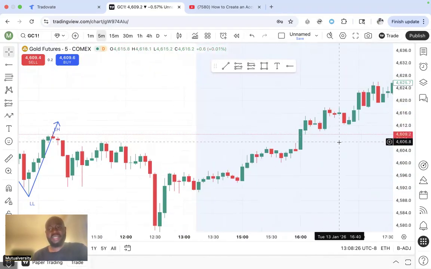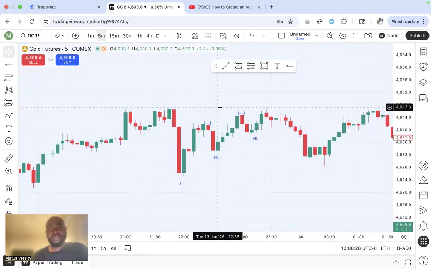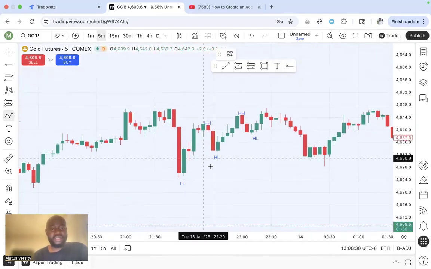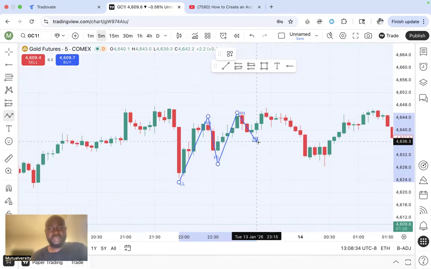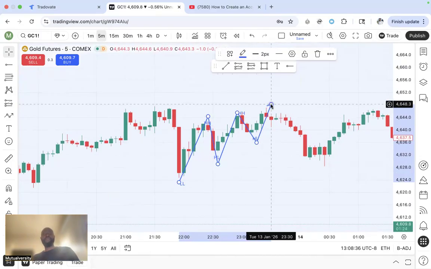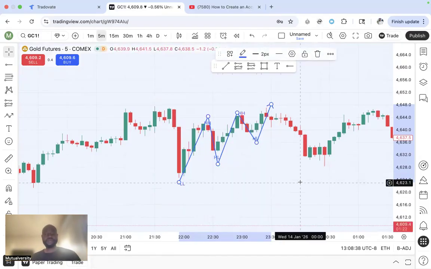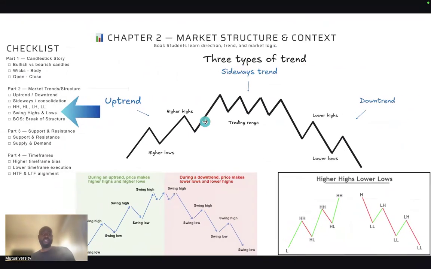And in the uptrend, we're looking for that zigzag pattern going up. That's the uptrend we're focusing on. So remember: higher highs and higher lows for the uptrend, lower highs and lower lows for a downtrend. And then obviously we have the sideways trend, the consolidation trend.